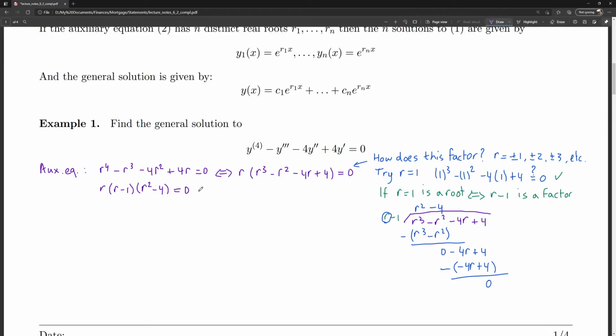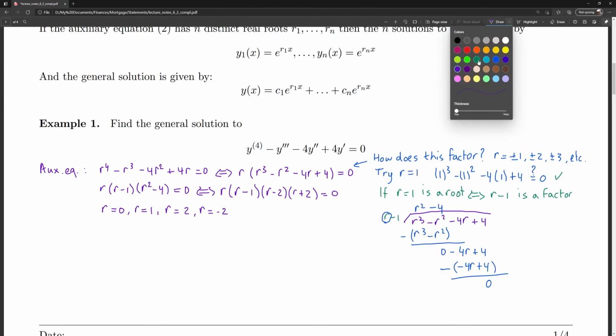And the r squared minus 4, that's a difference of two squares. So this is r times r minus 1 times r minus 2 times r plus 2 equals 0. And that means that the roots of our auxiliary equation are r equals 0, r equals 1, r equals 2, and r equals negative 2.